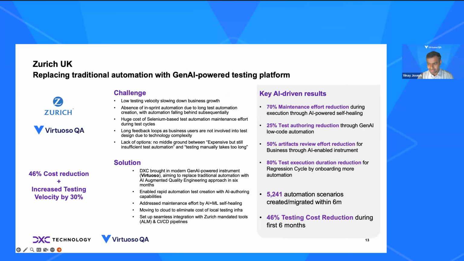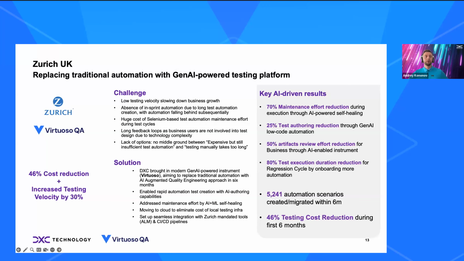I think the interesting aspect of challenge in the case of Zurich was that they were kind of stuck between a rock and a hard place. Their testing cycles were partially automated. There was still quite a bit of manual work involved, and the existing automation was not really sufficient.